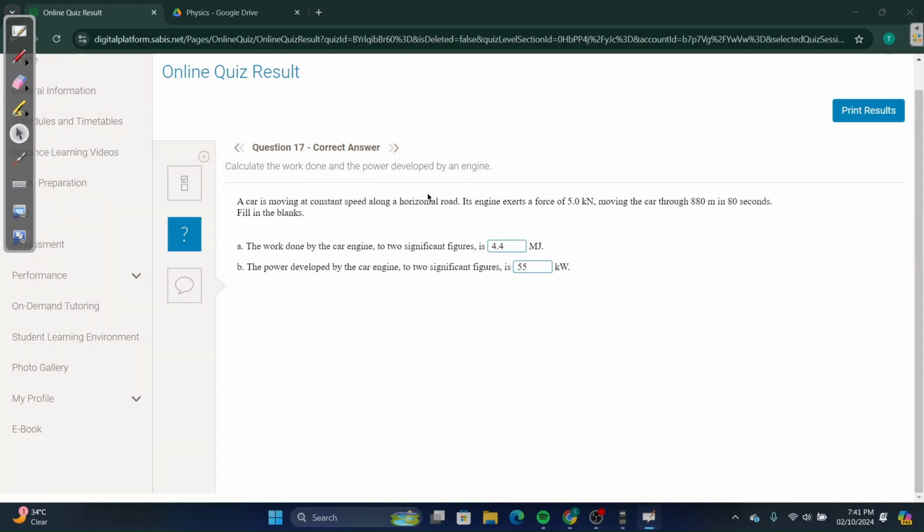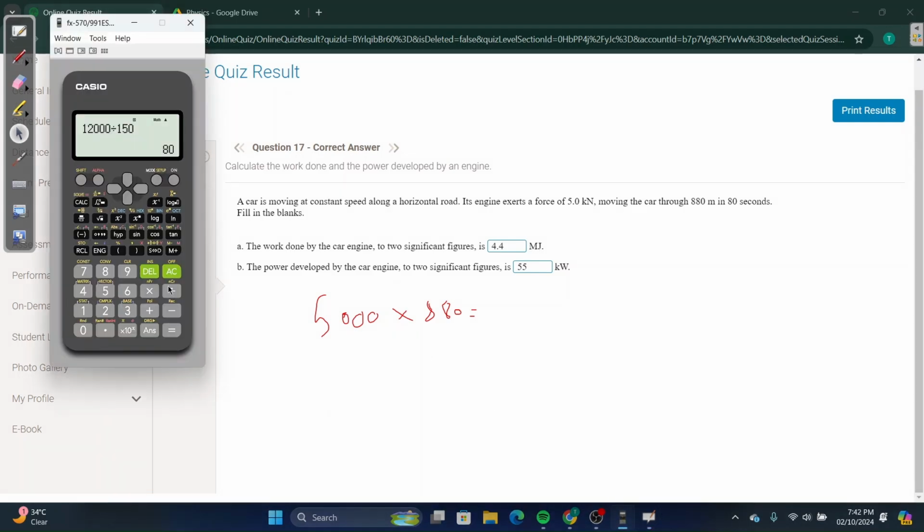Question 17. Same thing, but this time it's horizontal. So we do FD. So 5,000, sorry, it's kilonewtons. 5,000 newtons times distance, 880 meters. Cosine theta, but it's along the horizontal road, not against it. So it's going to be cosine of 0, which is 1. So this is going to equal, I believe, 4.4 million or something like that.